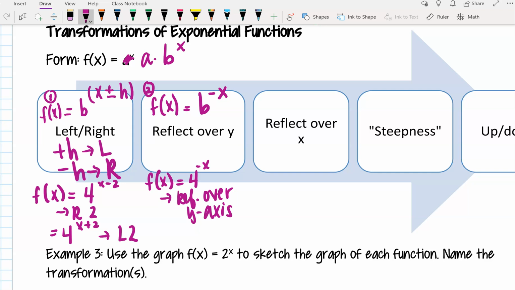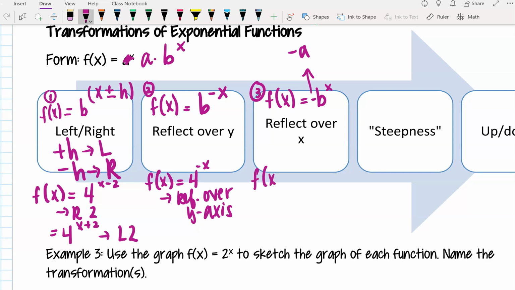So the third thing to take a look at, this is again the order that you should be taking. If I have f of x equals negative b to the x, so the negative is out front, this is where a would be negative. So when you have a negative out front, that's your reflect over x.